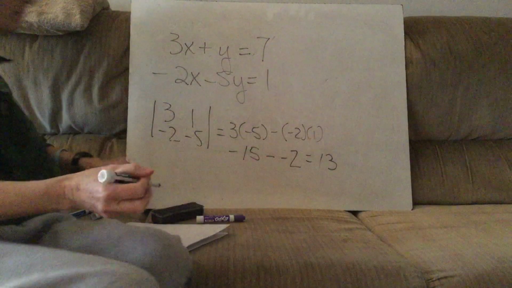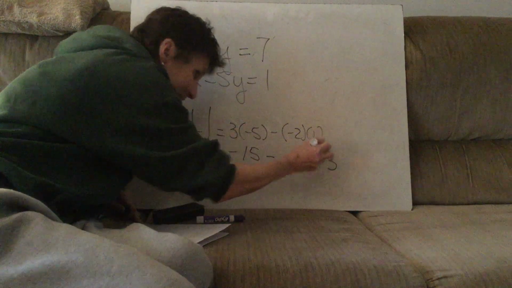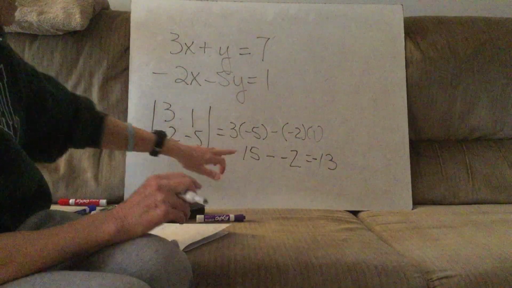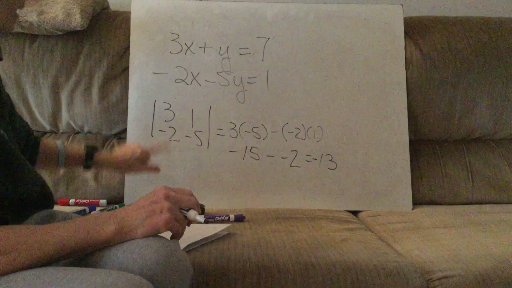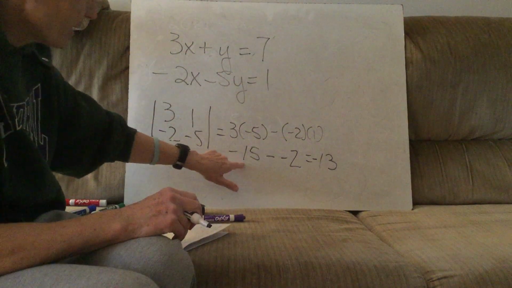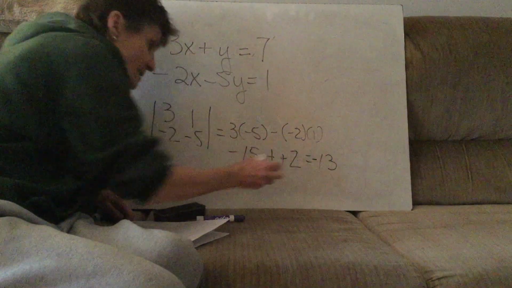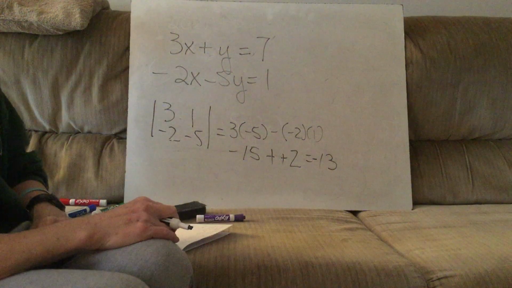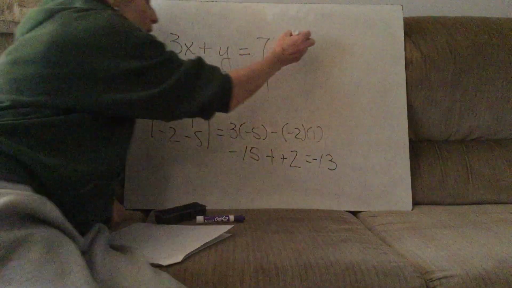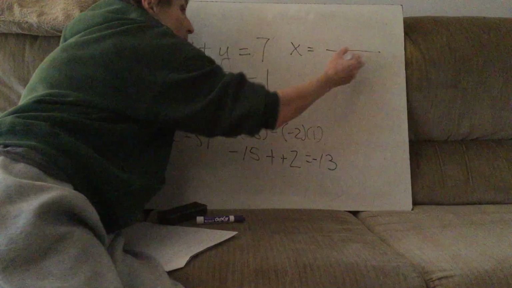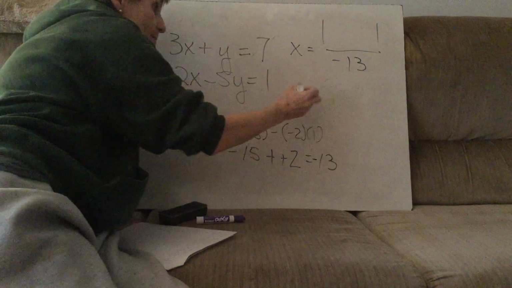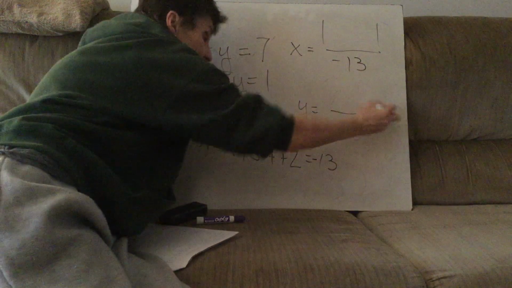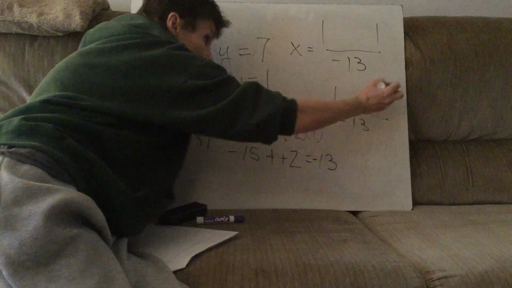So the value of the determinant is negative 13. So x is something over negative 13, and y is something over negative 13.